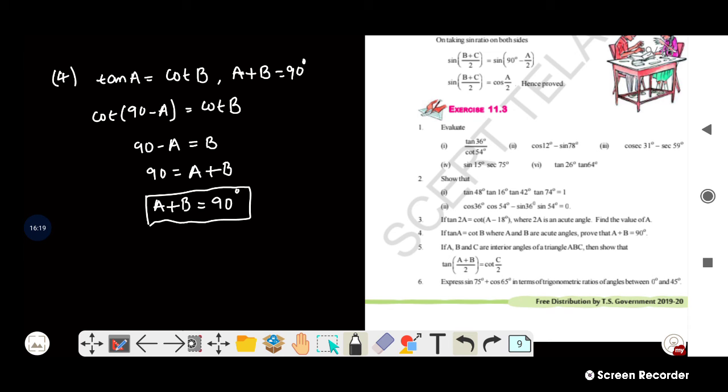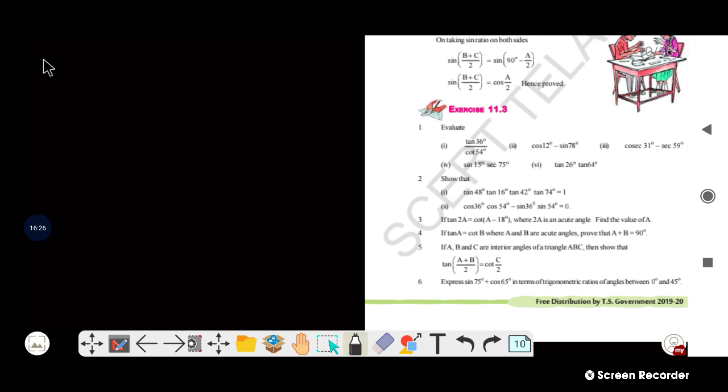And now we go for the fifth question. If A, B and C are interior angles of a triangle ABC, then show that tan((A plus B) by 2) is equal to cot(C by 2).